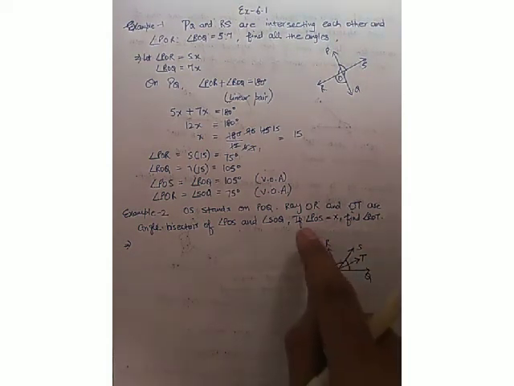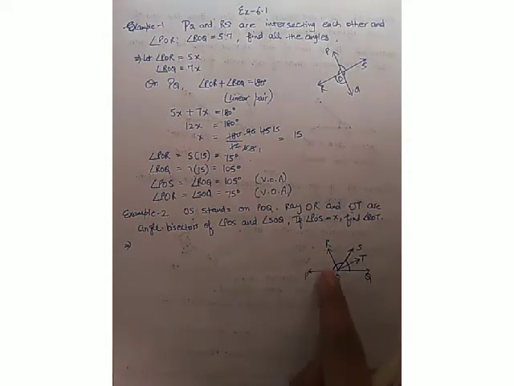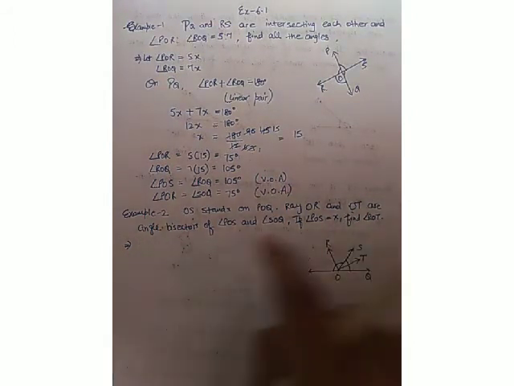It's very clear. If angle POS is equal to x, POS is given, that is x, we have to find ROT. Now just observe that ROT will be comprising of ROS and SOT. So indirectly we have to find ROS and SOT, and then we will add both of the values to get ROT. So firstly you have to write all of the given things, which are already given in this statement.